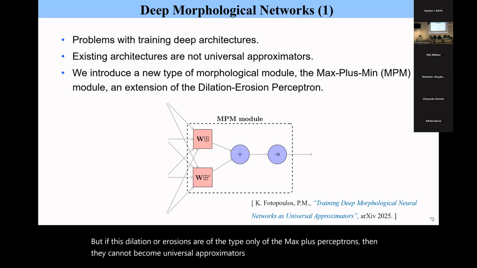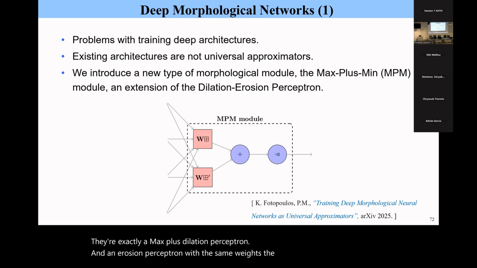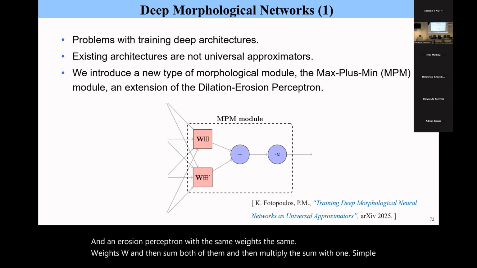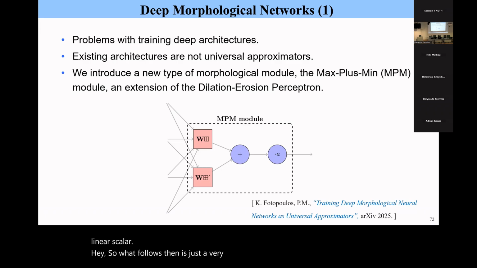Whereas we have found out that if we consider a specific case of nonlinear neurons that have exactly this topology, and we call it max plus min neurons, they're exactly a max plus dilation perceptron and an erosion perceptron with the same weights W, and then sum both of them, and then multiply the sum with one simple linear scalar, A. So what follows then is just a very simple linear activation.